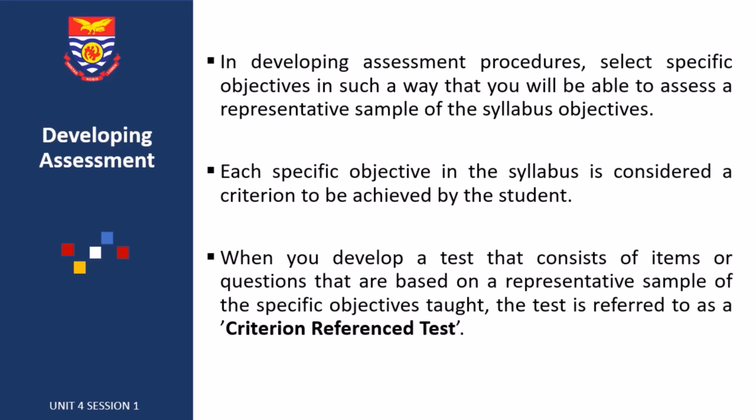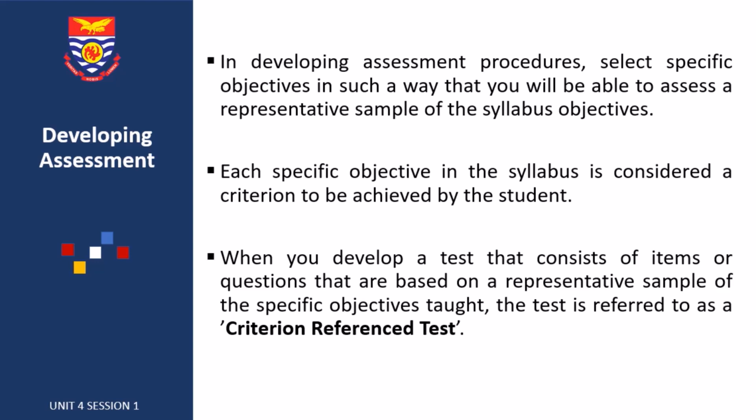Now, you look at developing assessment. In developing assessment procedures, select specific objectives in such a way that you will be able to assess a representative sample of the syllabus objectives. So when you are developing an assessment procedure, you select an objective which you are going to set your questions around, or which you want students to achieve. Each specific objective in the syllabus is considered a criterion to be achieved by the student.